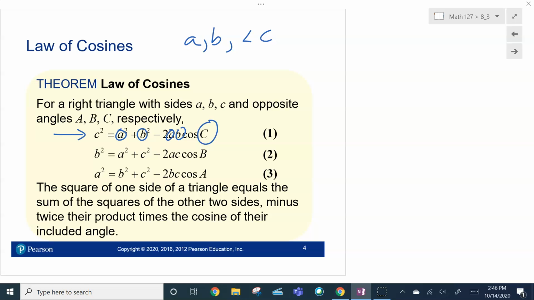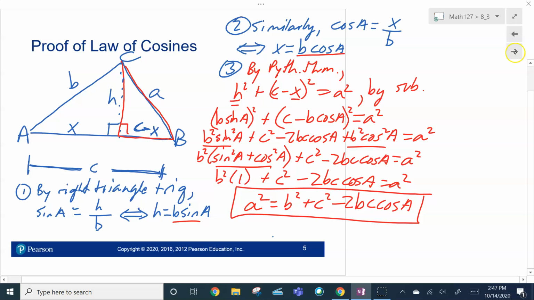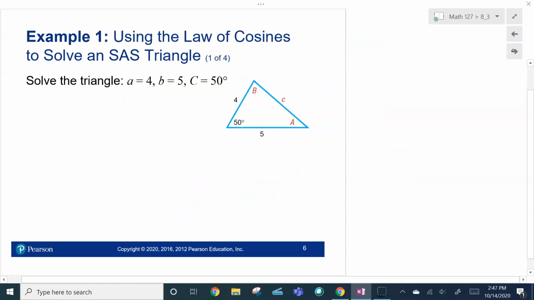In other words, if I pick any of the other ones, I'm going to have more than one variable to solve for, and it's not going to work. So I got to have 3 of the 4 variables when I pick it. Look at what your givens are and choose wisely, if you will.